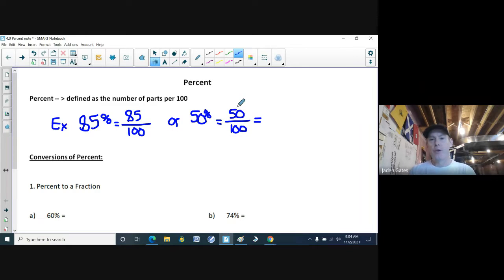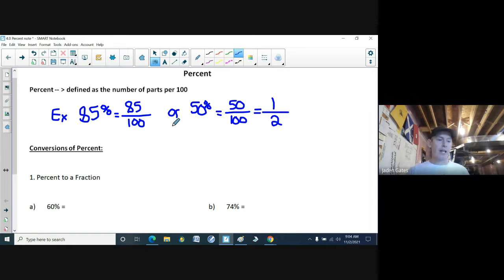If I divide both the numerator and the denominator by 50, 50 divided by 50 is 1, and 100 divided by 50 is 2. So 50%, essentially, you're saying, I got half of them. So percent and fractions definitely are related.